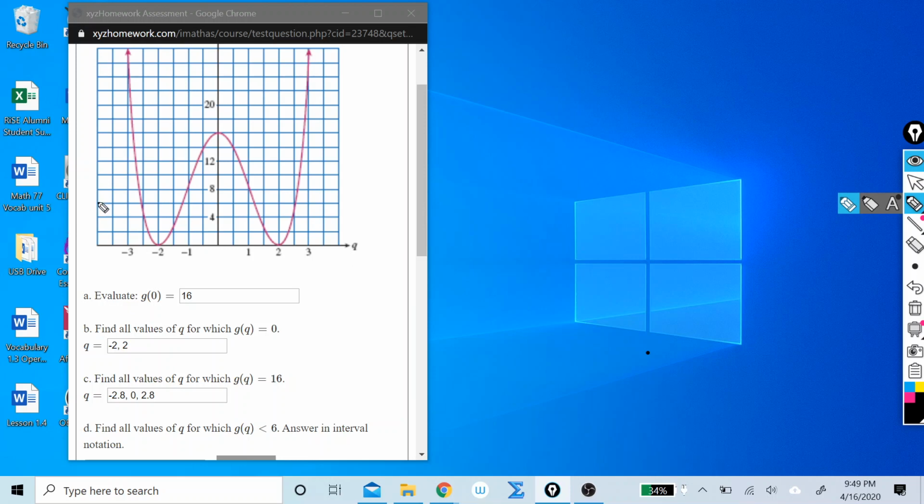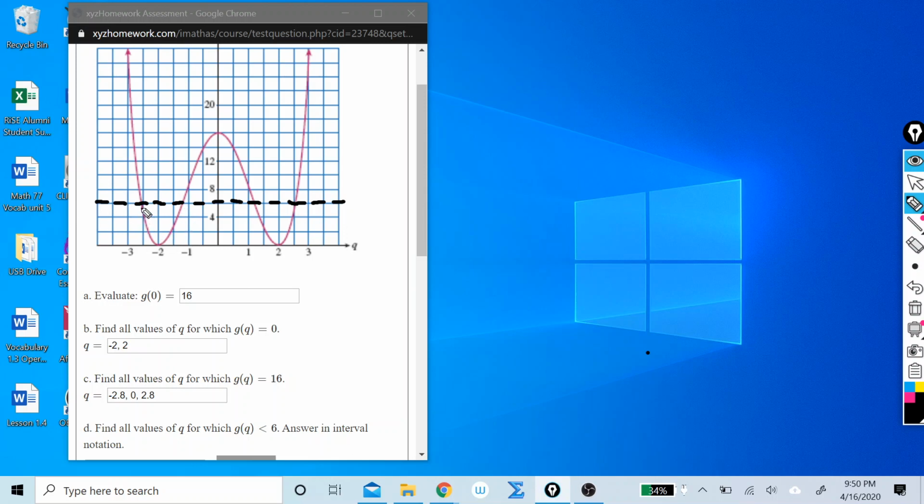That's my g of q, my output, which is also my m because they defined it as that. And we want to know the values that are less than. I'm not very good at straight lines. This would be a dashed line because the points on the line are not included.